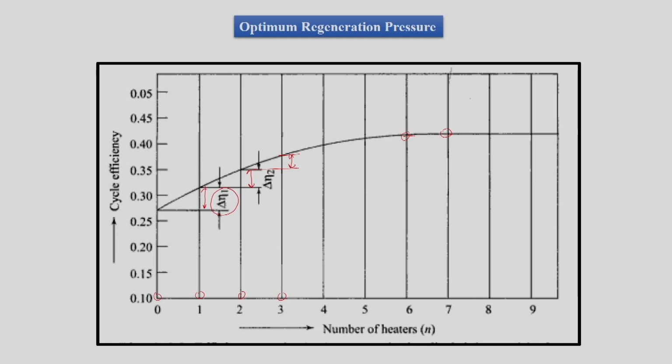So this is how we end our discussion on the process of regeneration, where we have seen how to implement the regeneration process in a steam power cycle, where we can improve the efficiency and implement different types of feed water heating systems, where we have closed type and open type feed water systems.